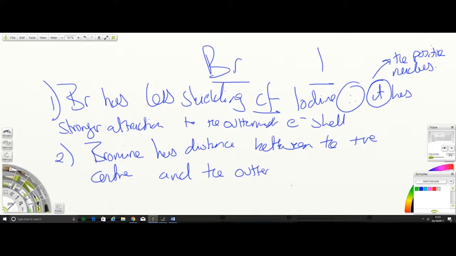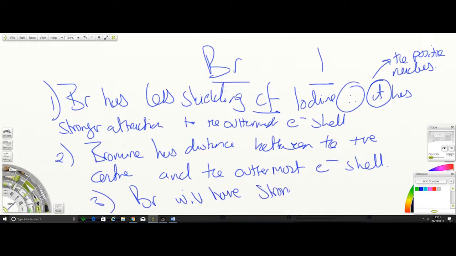What the heck? The outermost electron shell. And so this means bromine will have stronger attraction compared with iodine.